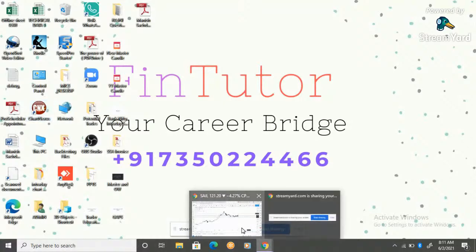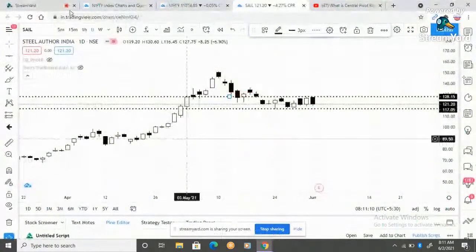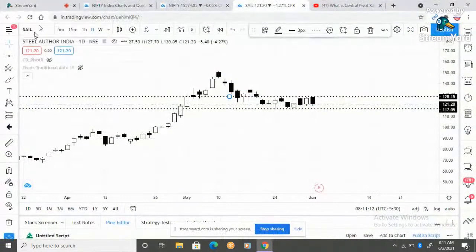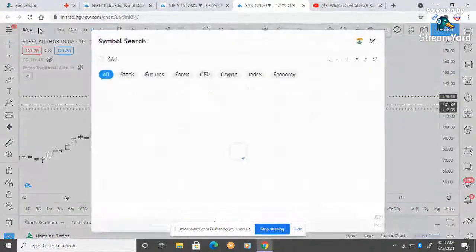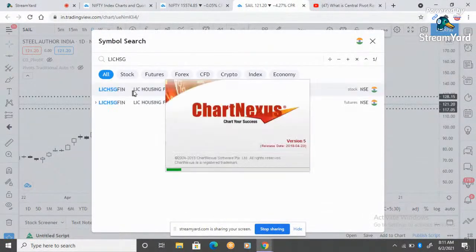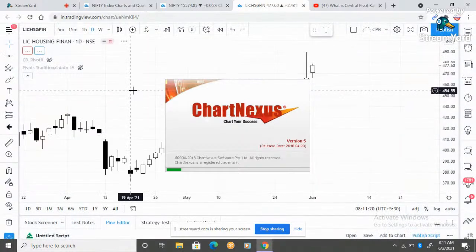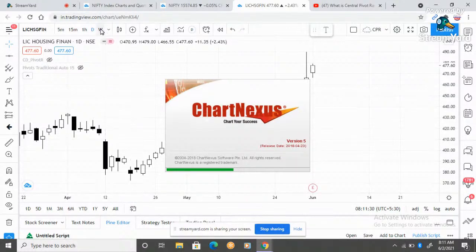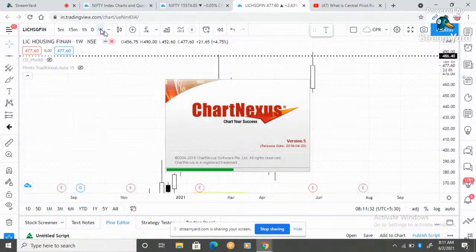Now let me show you LIC Housing Finance on weekly time frame. There is some interesting observation in LIC Housing Finance. Weekly time frame for LIC.